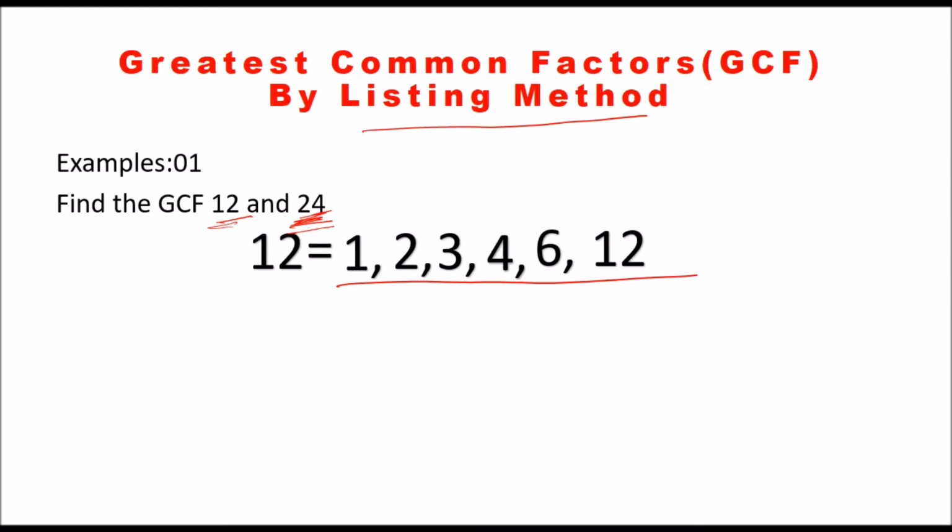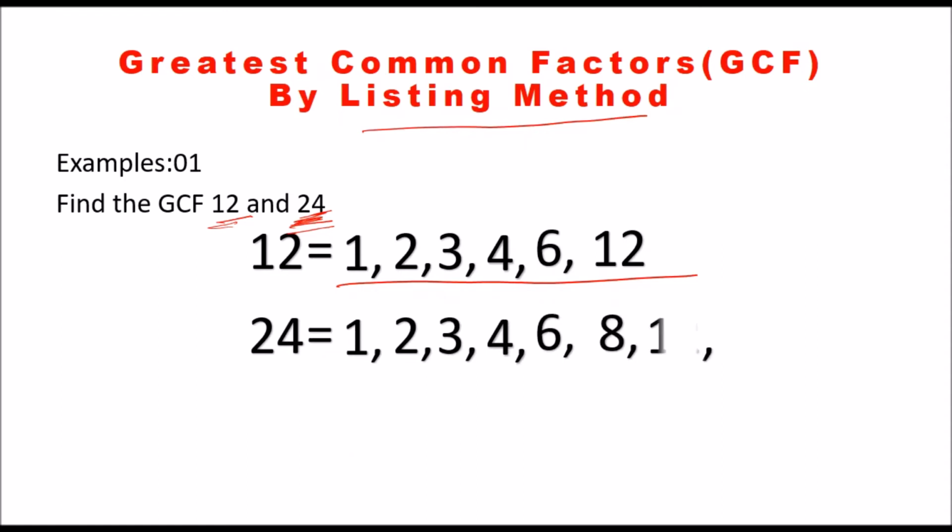Remember 1 and 24 itself are included because they are default factors. The factors of 24 include 1, 2, 3, 4, 6, 8, 12, and 24 itself. So those are the factors of 24.